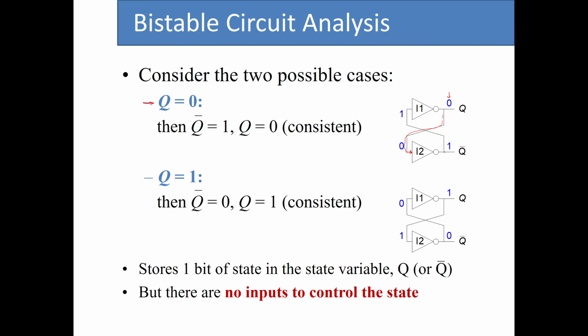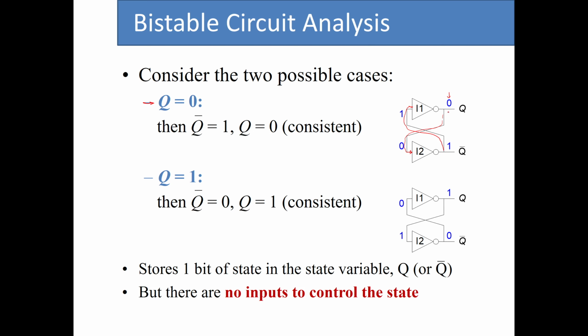So now for Q bar we have the value 1. This 1 is being delivered to I1 as the input. Now the input of I1 is 1, which makes its output 0. So you see, we started with 0, followed the path, and ended up at 0 for the value of Q.